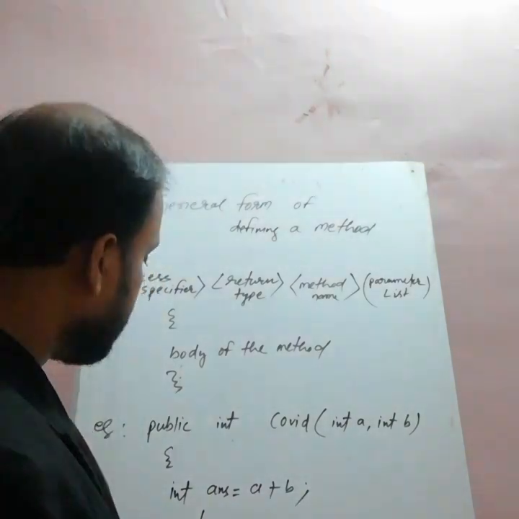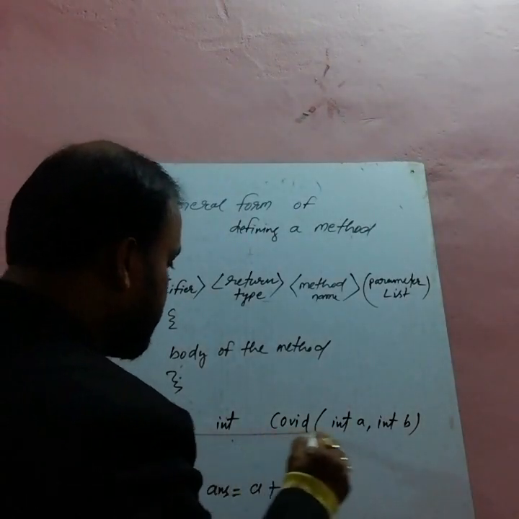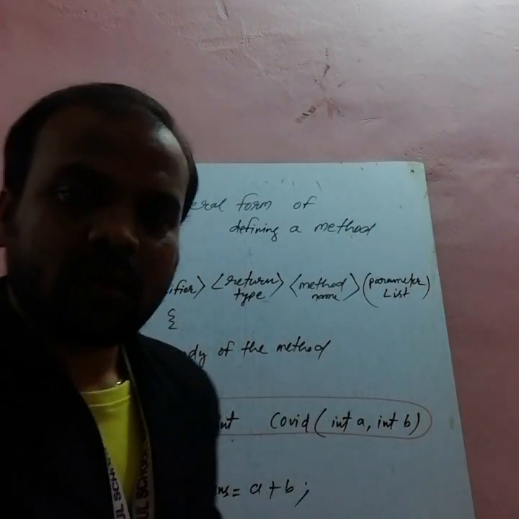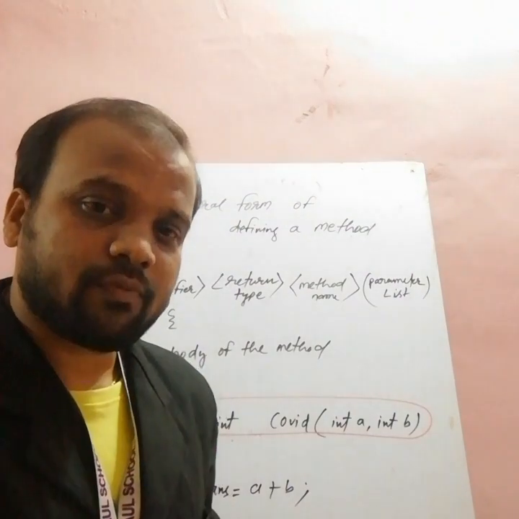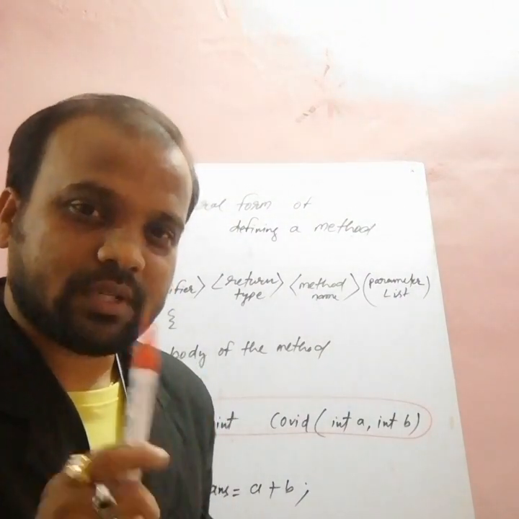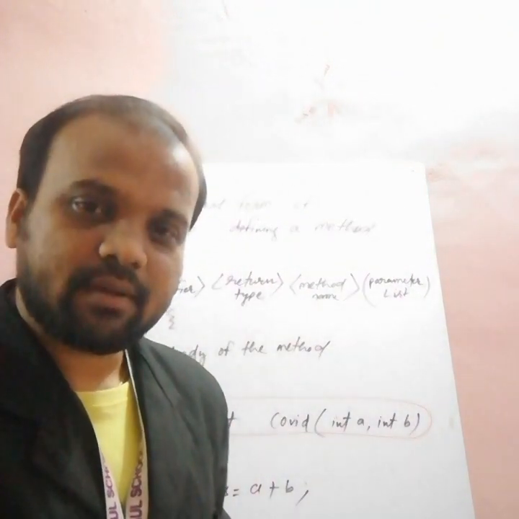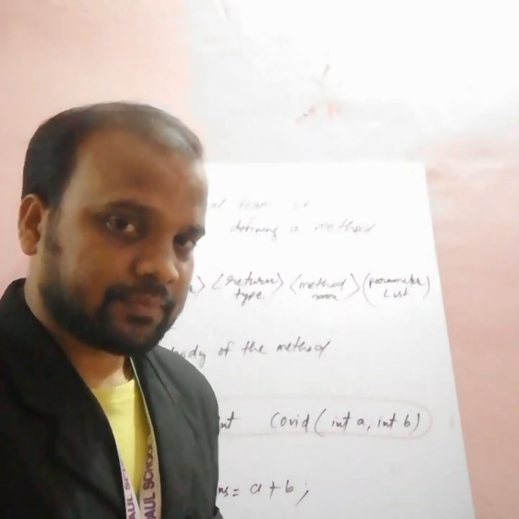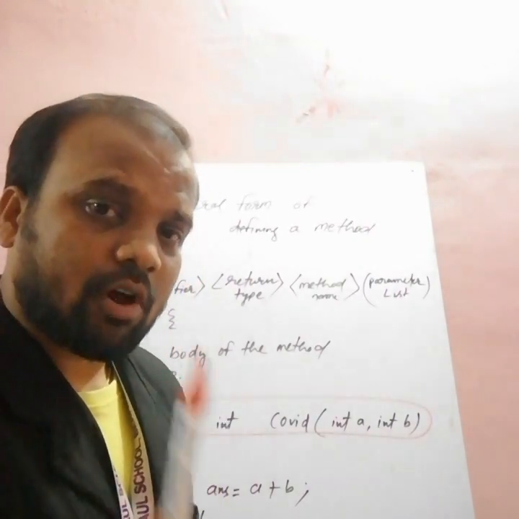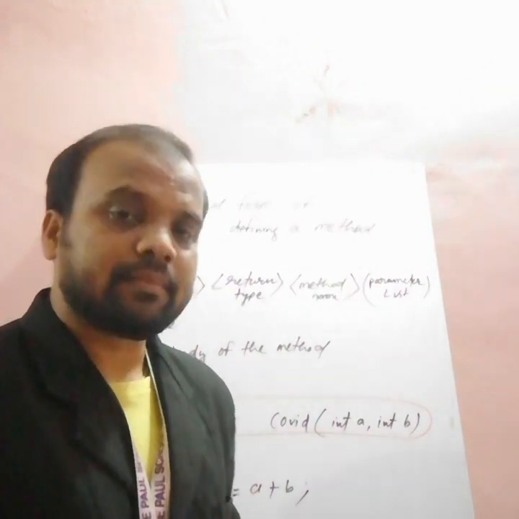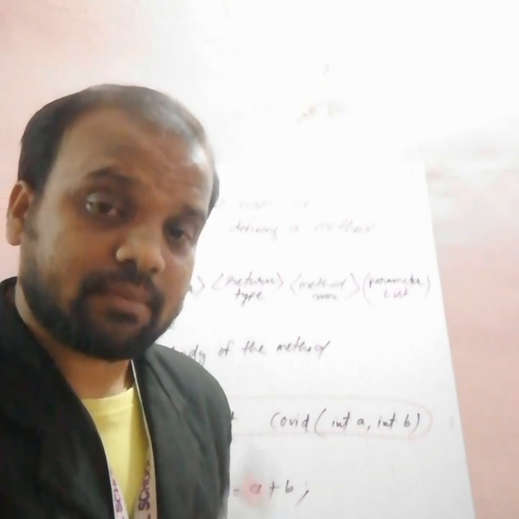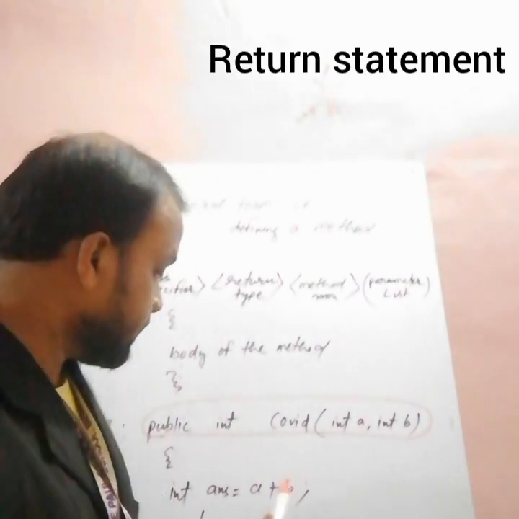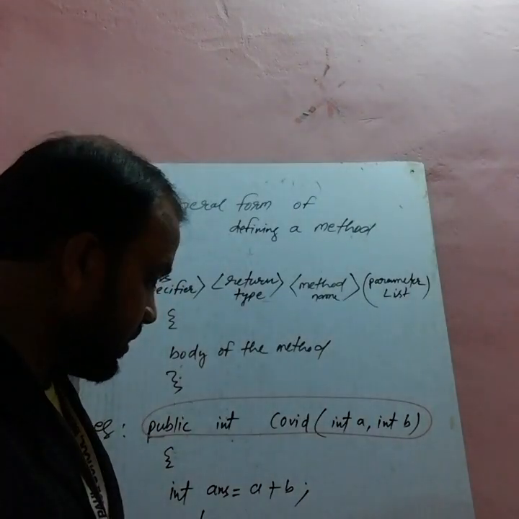Here, the first line of the function is known as the function header or function prototype, which contains the access specifier, return type, method name and the parameter list. If the return type is other than void, maybe int, double, float, then the method should return a value. So I have used return here.